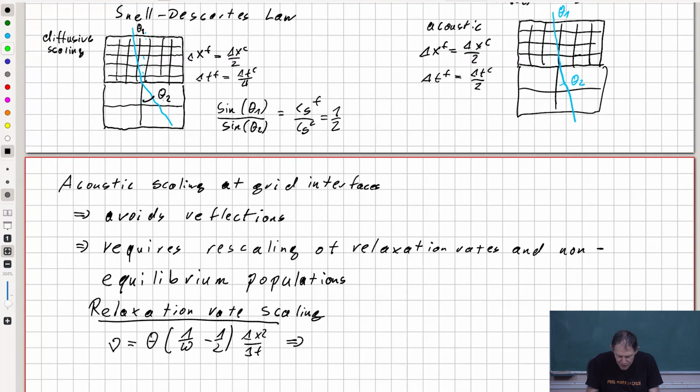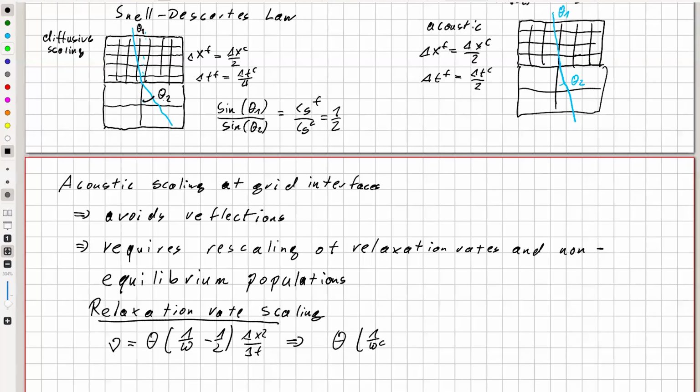So if now viscosity is supposed to be physically the same on all the grids, then we have theta 1 over omega coarse minus 1/2 delta x coarse squared divided by delta t coarse is equal to theta 1 over omega fine minus 1/2 delta x fine squared divided by delta t fine.